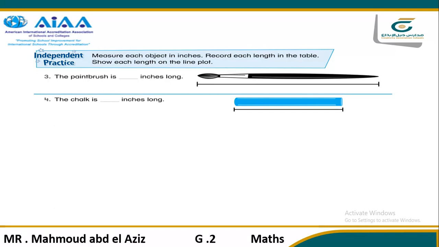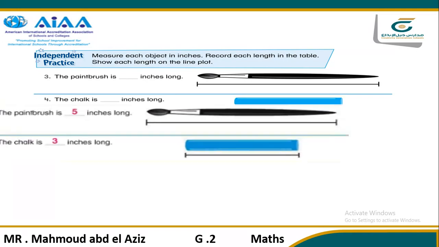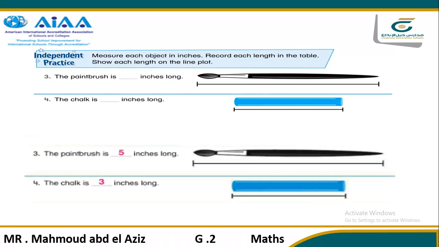So, dear students, with our first question here: measure each object in inches, record each length in the table, and show each length on the line plot. The paintbrush is how many inches long here? You can use your inch ruler. So you will find it equals 5 inches long.